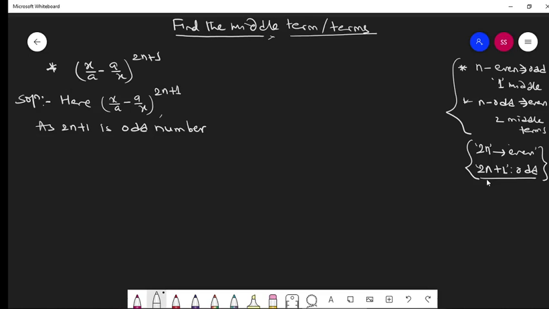If odd, then there are even terms, so there are 2 middle terms. There are 2 middle terms.